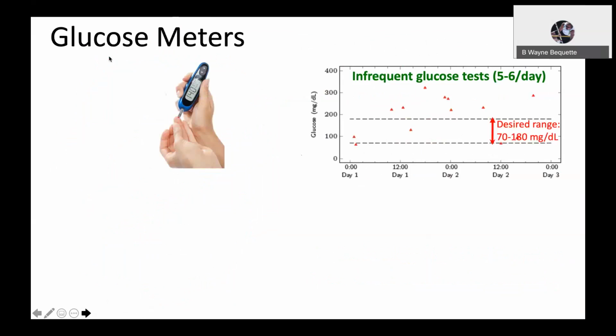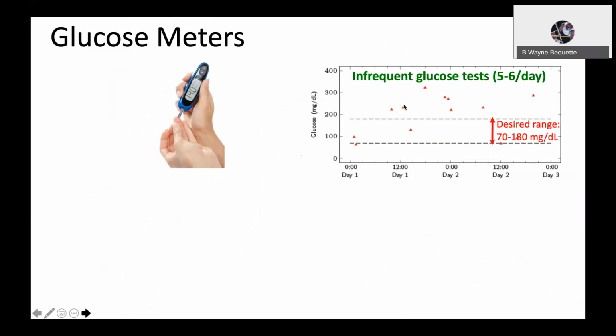Now, traditionally, starting in the 1980s, we had blood glucose meters. Before that, an individual would actually have to measure their urine glucose. But starting in the 1980s, they could have a blood glucose meter and typically would test, say, 5 or 6 times per day. That's what I'm showing on this top plot.